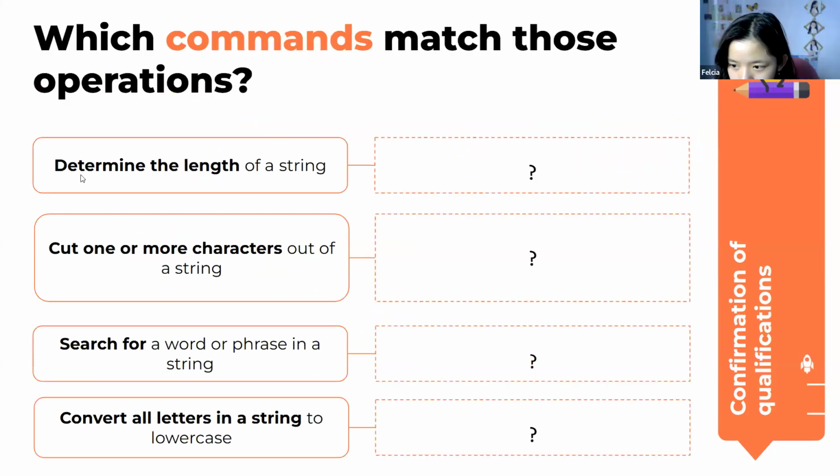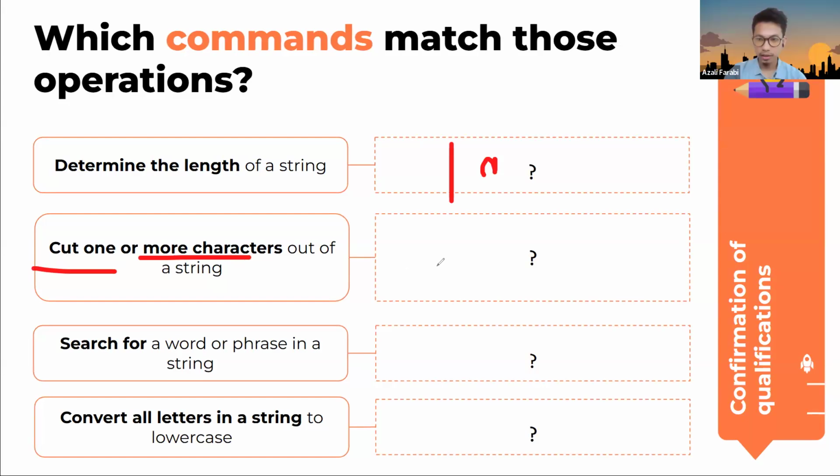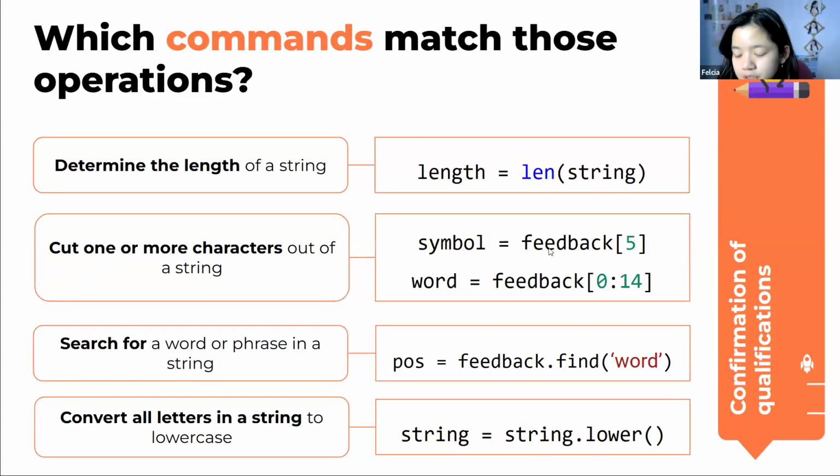Okay, what else should you remember? Did you remember how to count the length of your string? What function will you use? Len, exactly. And then cut one or more characters of your string, to grab a character or a letter, you will use the index number of your character.